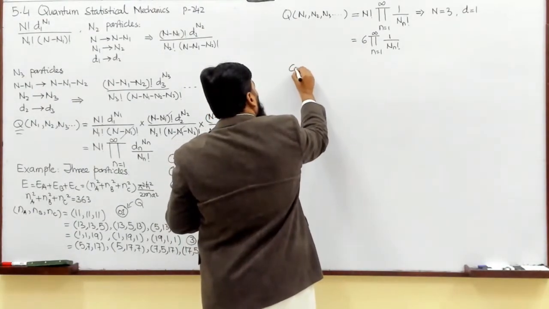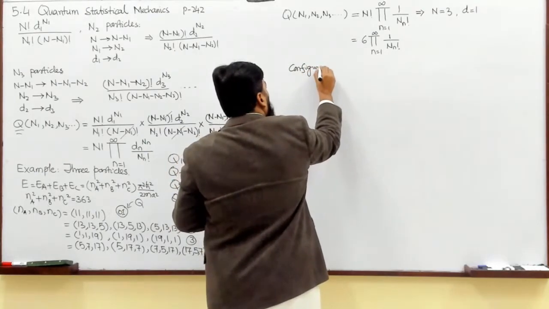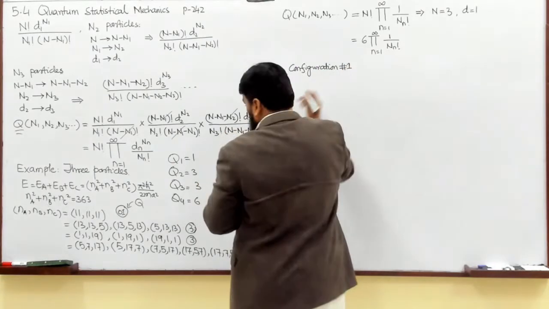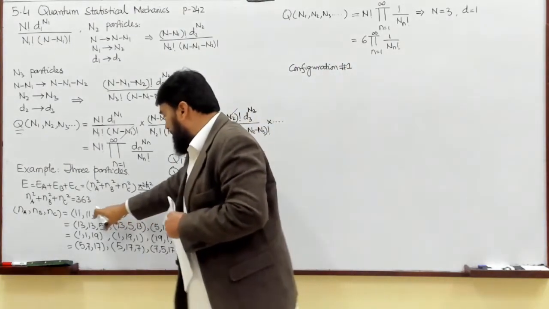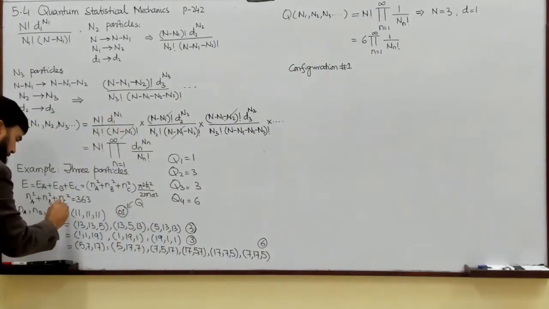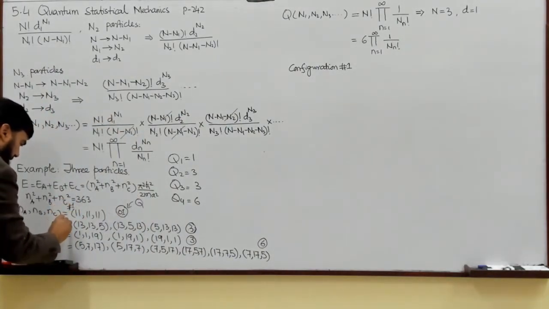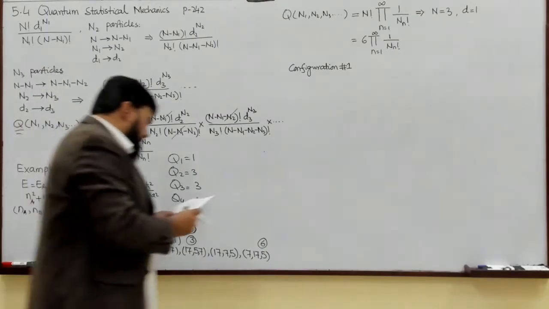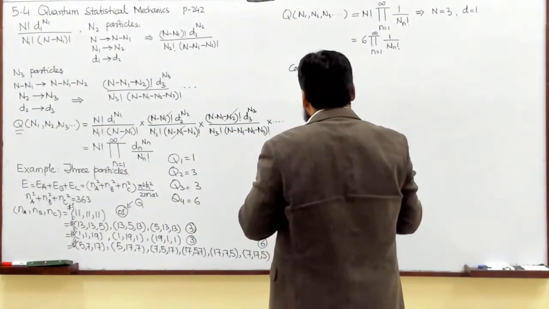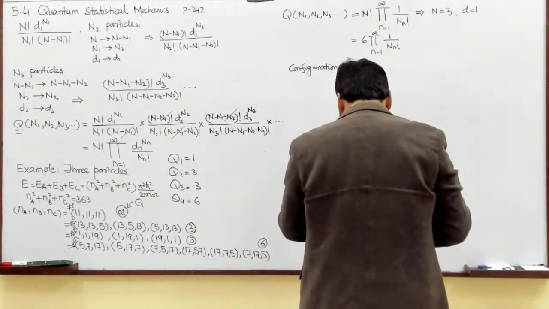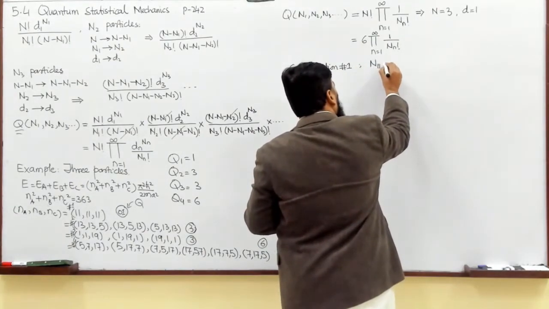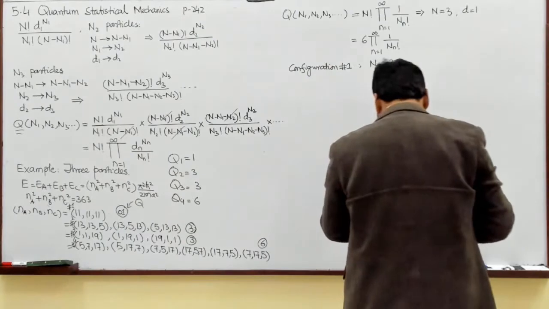So in configuration number 1, and this is configuration number 1, then configuration number 2, 3 and 4. In configuration number 1, we have n11 equals 3.